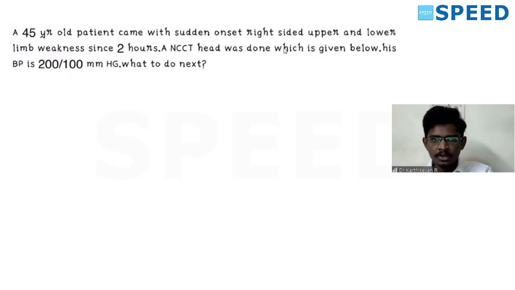Next, breathing. Breathing comes of major importance in case of stroke. When the patient becomes altered, if the patient vomits, that will get aspirated easily. So the patient might have a component of aspiration pneumonitis also.